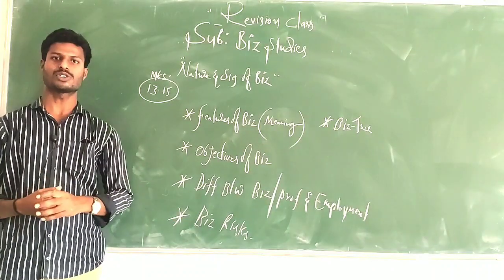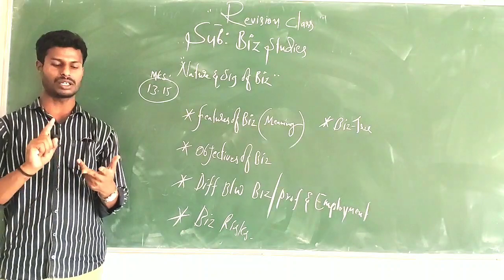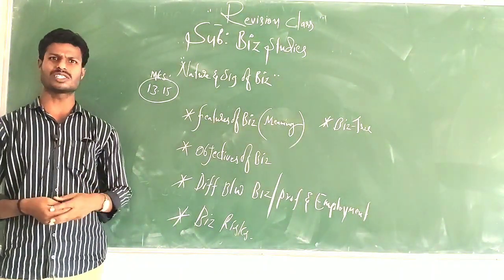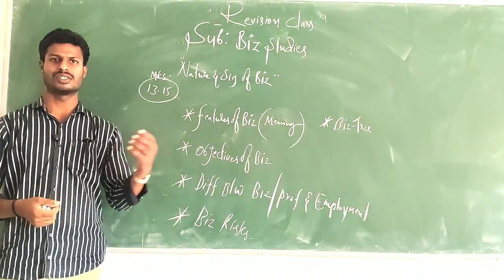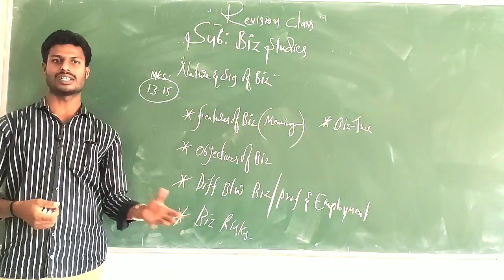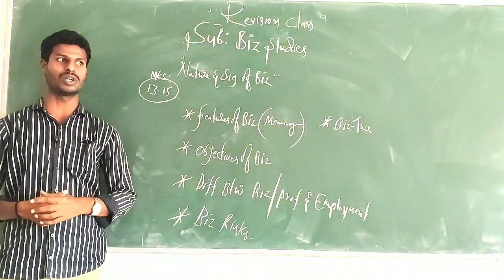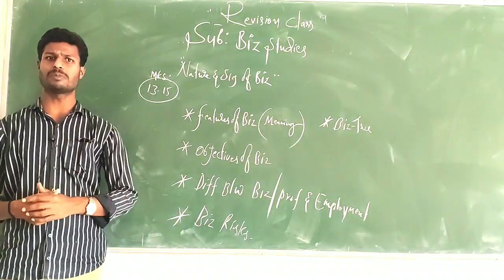So here are the causes of business risks. There are three causes, as I told: economic causes, human causes and natural causes. Economic causes means changes in bank interest rates, changes in spending capacity, the per capita income of each and every individual, then government policies, then RBI policies.